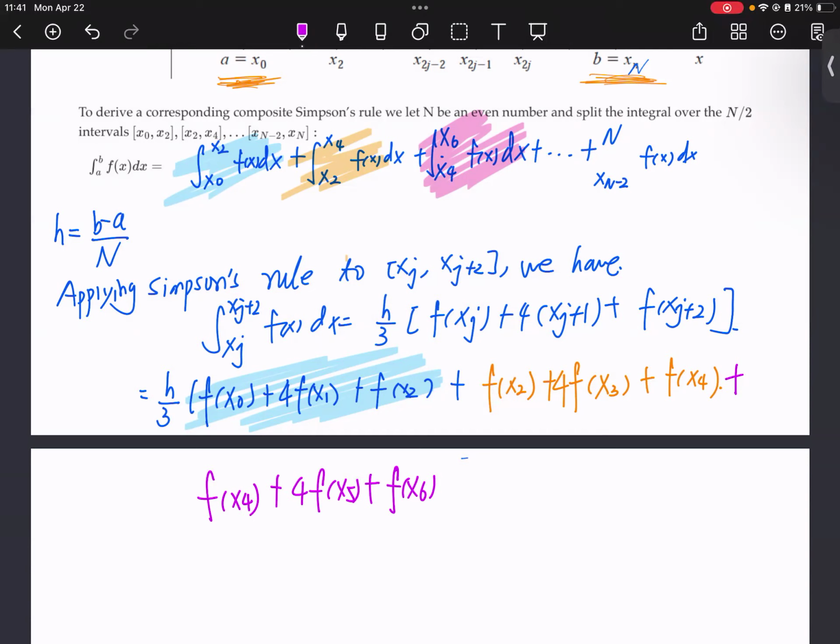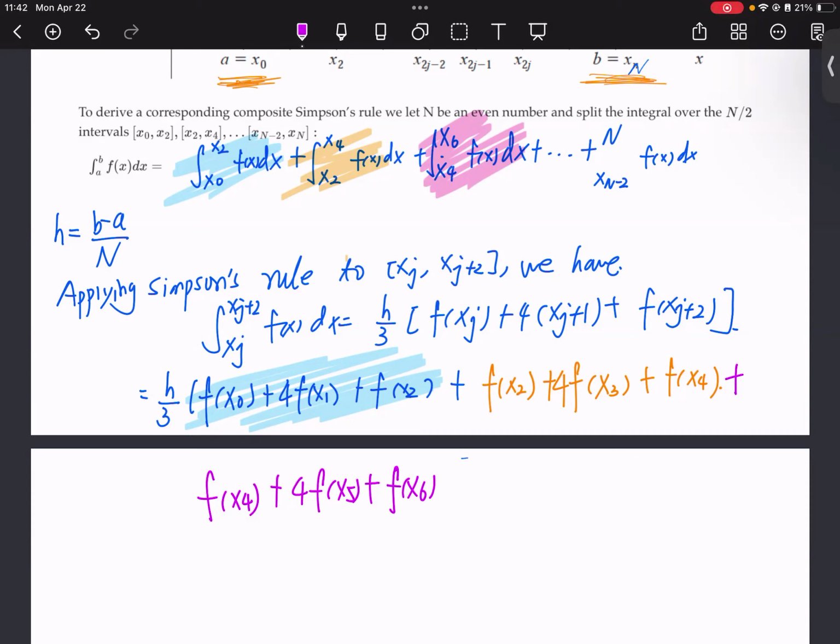And do you find any pattern here? For the odd index term, what is the coefficient? You are going to add all the things up. 4, right? Because if you take a look here, nothing is repeated, but 4 here, and then 4 here, except for the endpoints.